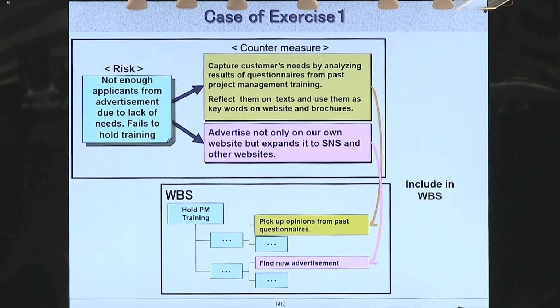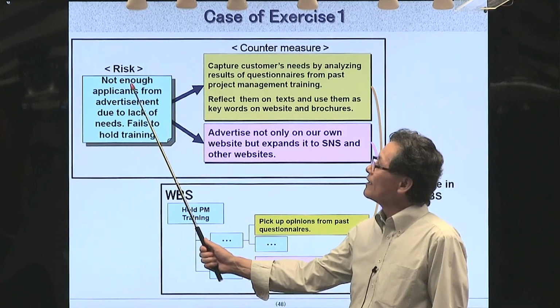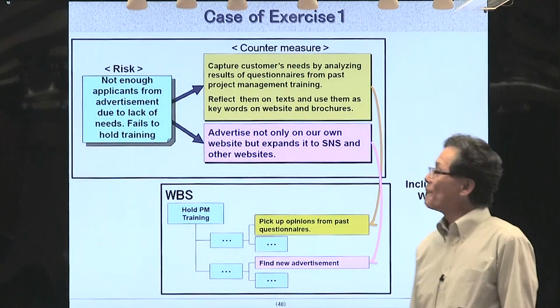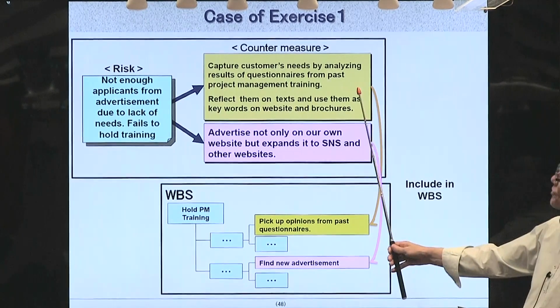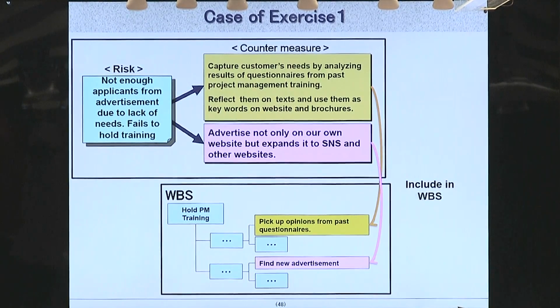So as for this training as a project risk, a few months ago there were not enough applicants or students in this class. That's a kind of business risk for us. So countermeasures are yellow and purple.